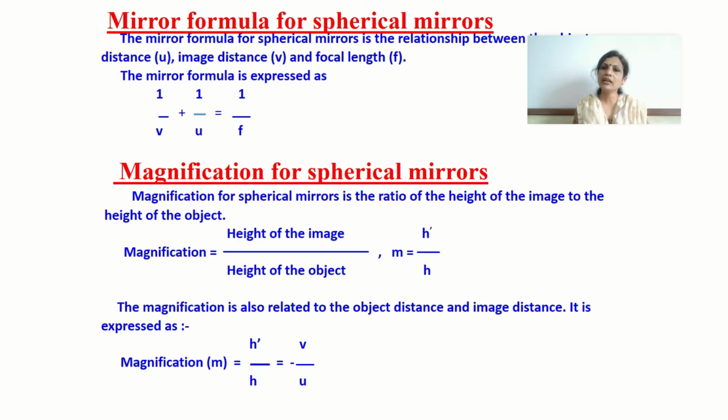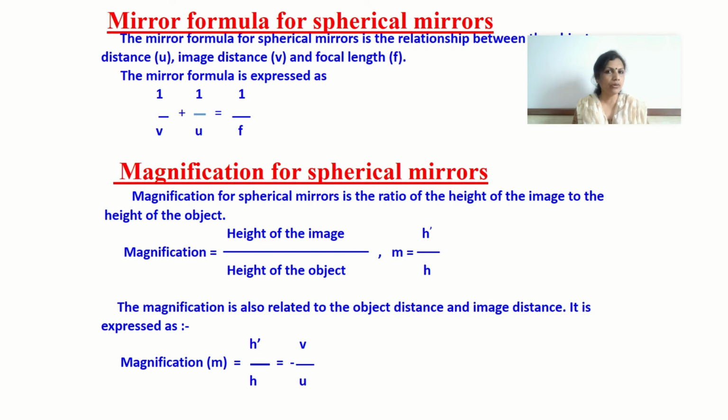You can also call them h1, h2 depending upon what is convenient to you. This magnification is also related to object distance and image distance, and it is expressed as magnification is equal to minus v upon u.